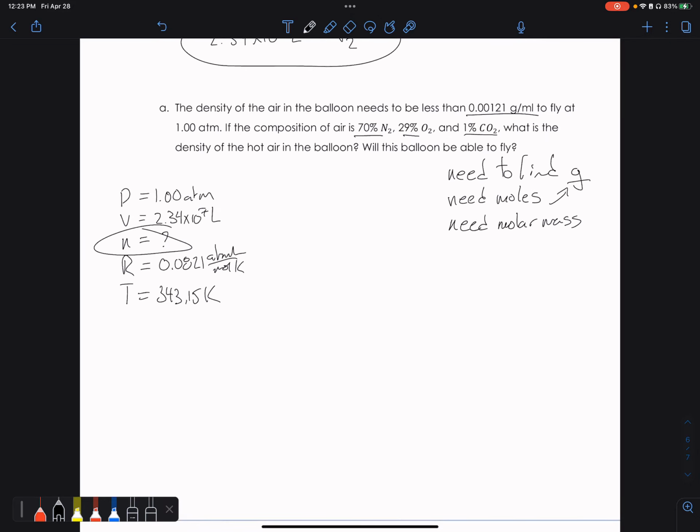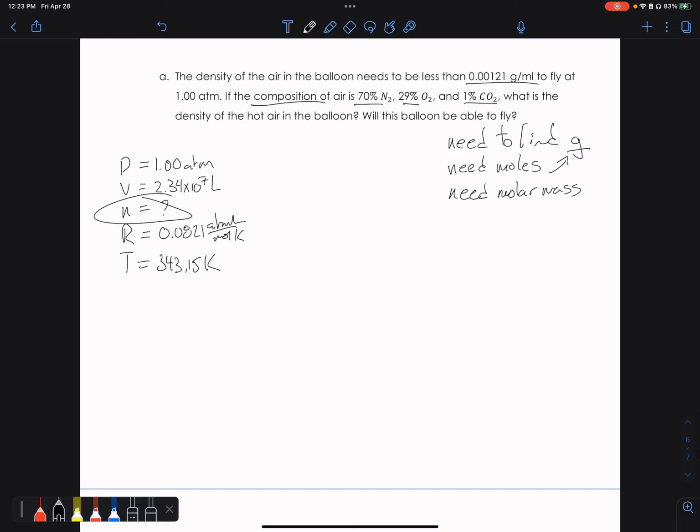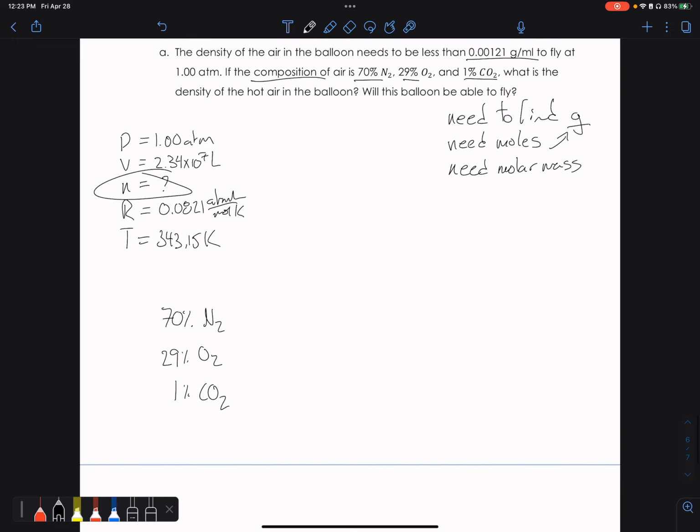And that's where the composition of the air comes in. So if the air is 70% N2, 29% O2, and 1% CO2, then that's telling us that the air's molar mass is going to be a combination of these three facts.